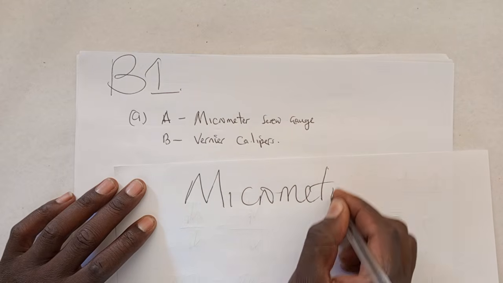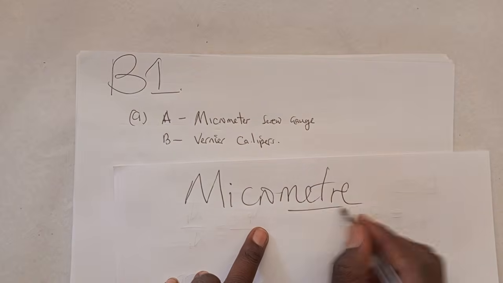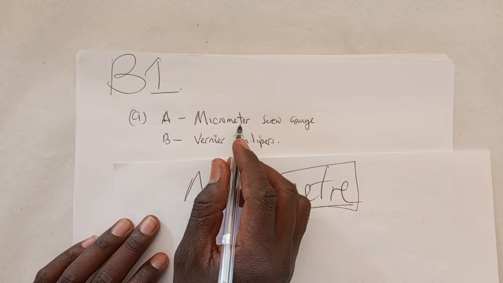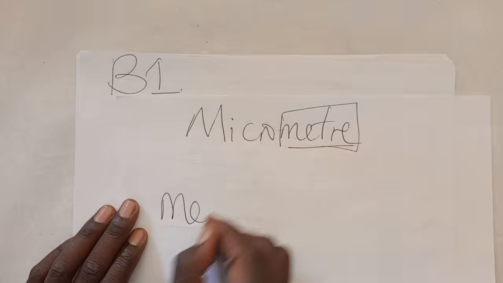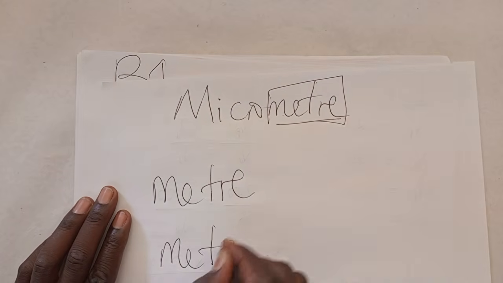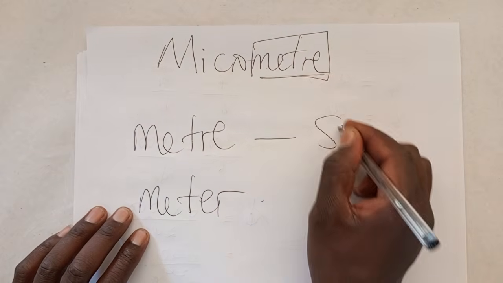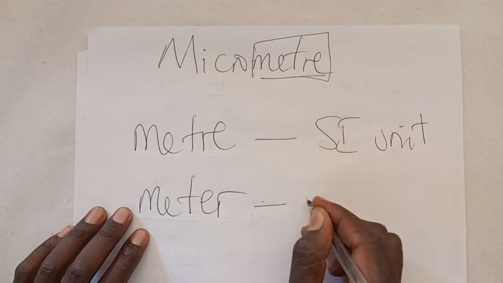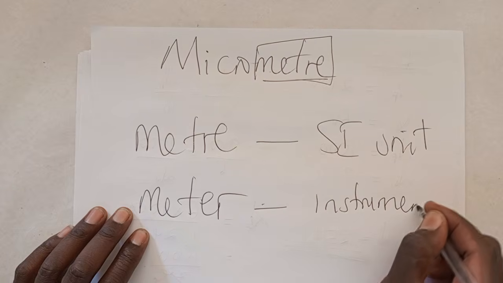Most of you like writing like this. This is not the correct spelling, but this. So there is a difference between this and this. This is the SI unit, while this is the instrument.